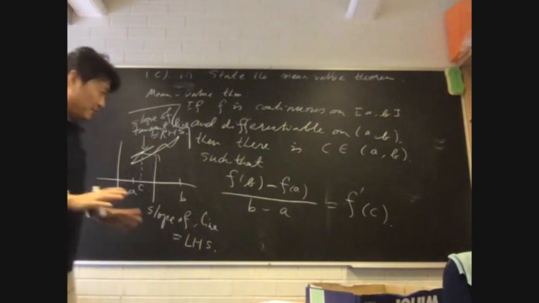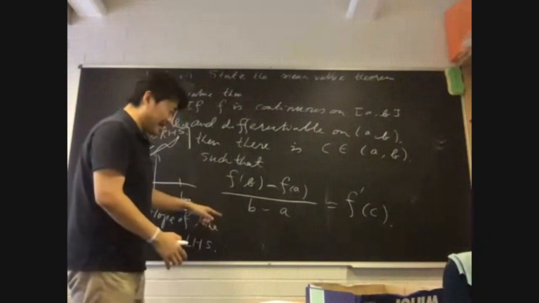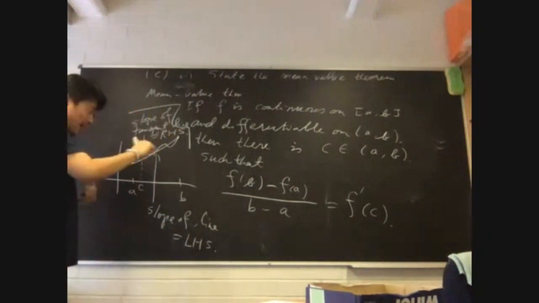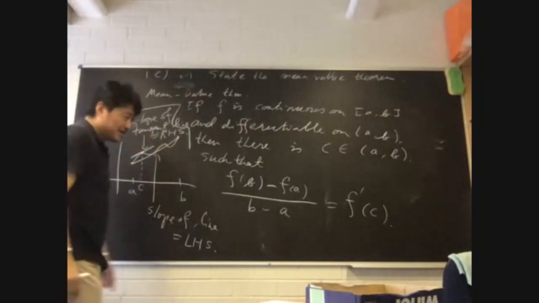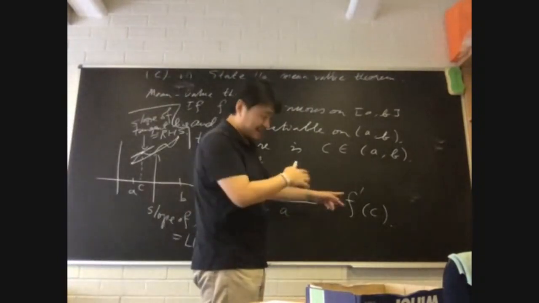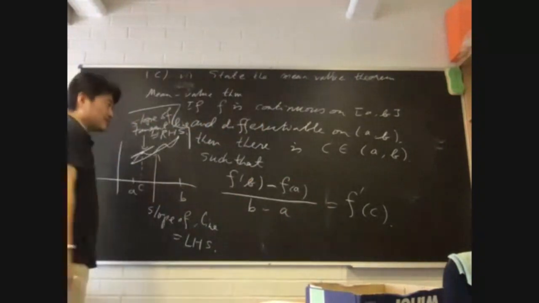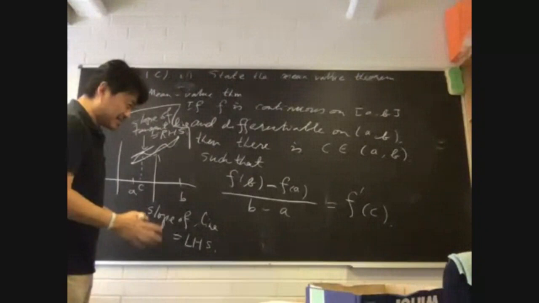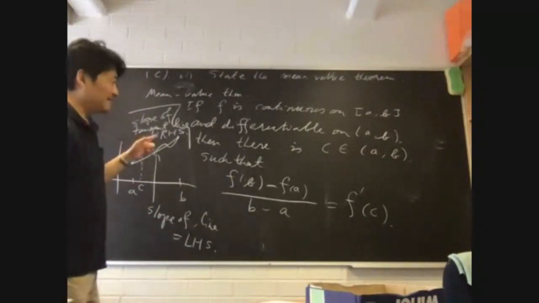The most important part of this statement is that the slope of this secant line, which cuts through the graph and connects the two endpoints, equals exactly the slope of the tangent line at some point in the interior of the interval. That's pretty much the most important part of this theorem.